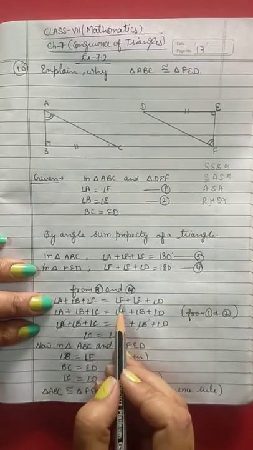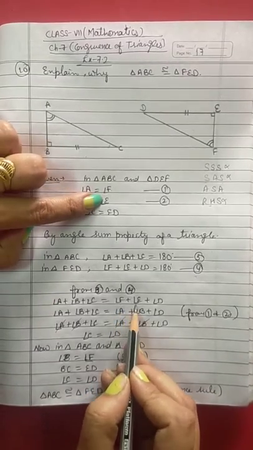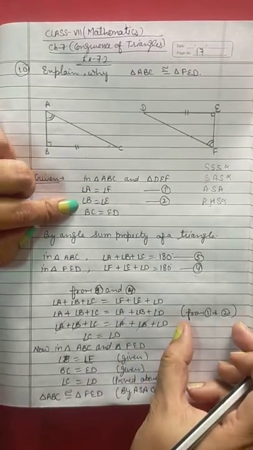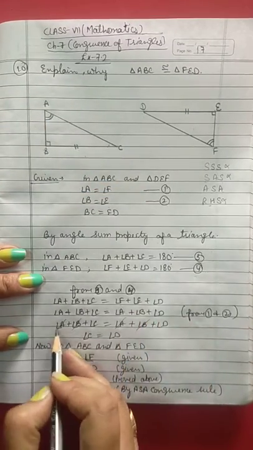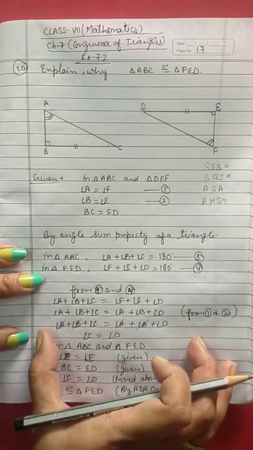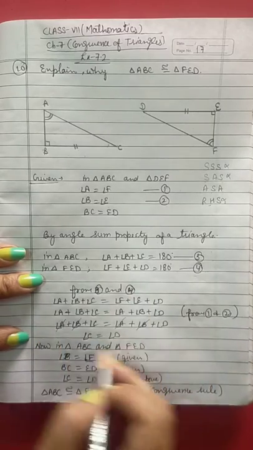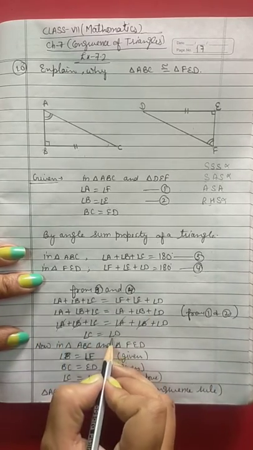So we write angle F as angle A and angle E as angle B, from 1 and 2. In the next step we cancel A A and then B B. After cancelling, we get angle C is equal to angle D.